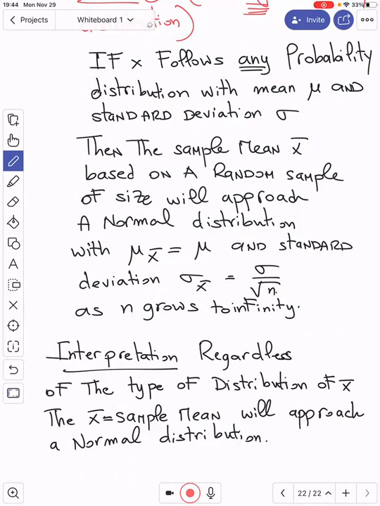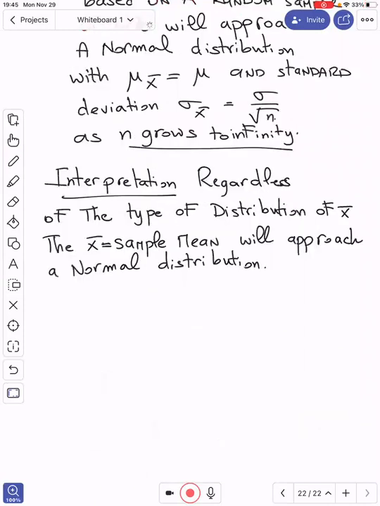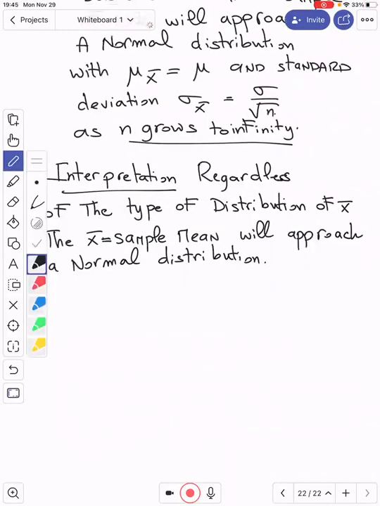And actually, as a convention, here we're saying that as n grows to infinity, we approach this normal distribution. So as a convention, we agree that if the size of the sample is larger than 30, we can just use the central limit theorem.